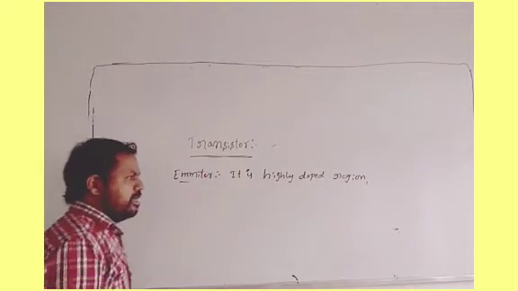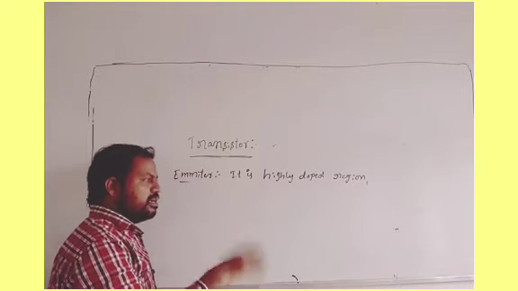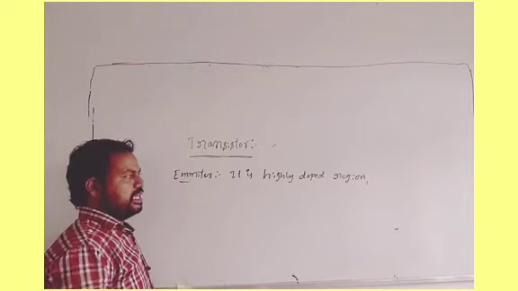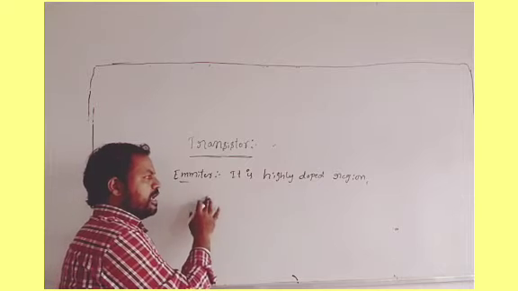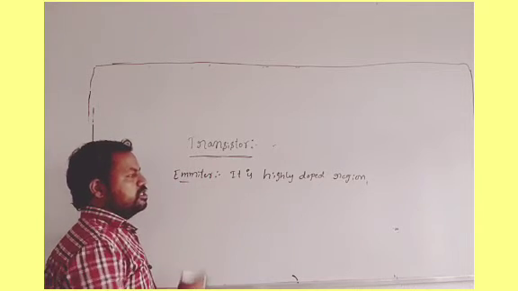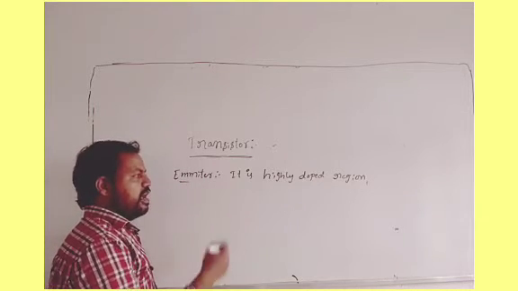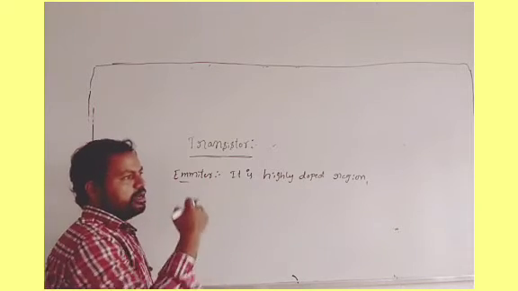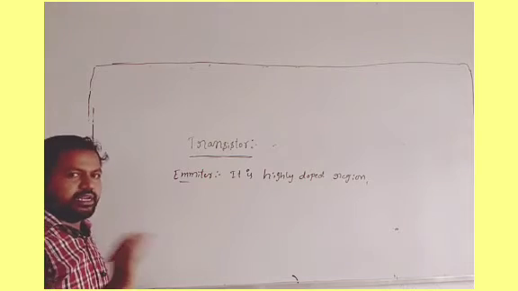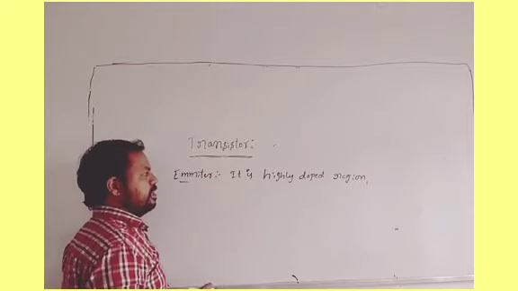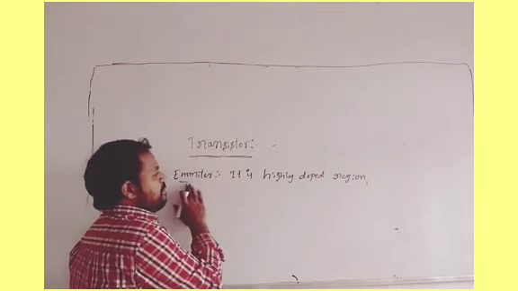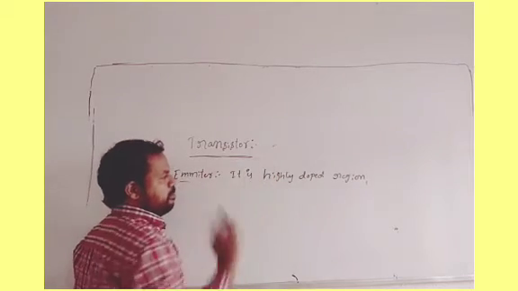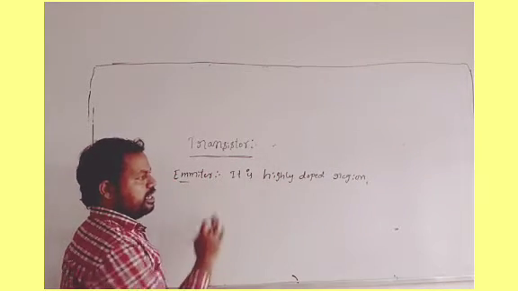We can add trivalent or pentavalent impurities with respect to the N and P type material. For N type material we add pentavalent impurities; to prepare P type material we add trivalent impurities. So the emitter is a highly doped region.